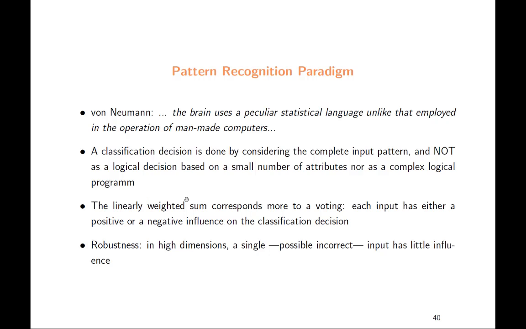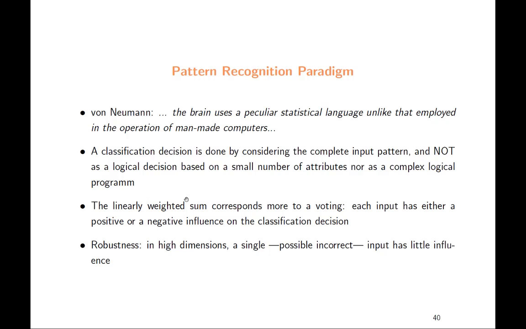Finally, why does this pattern recognition work so well? Why is classification, a linear classifier, so powerful? Because maybe from intuition you would think the world can be described by logical rules, for example.